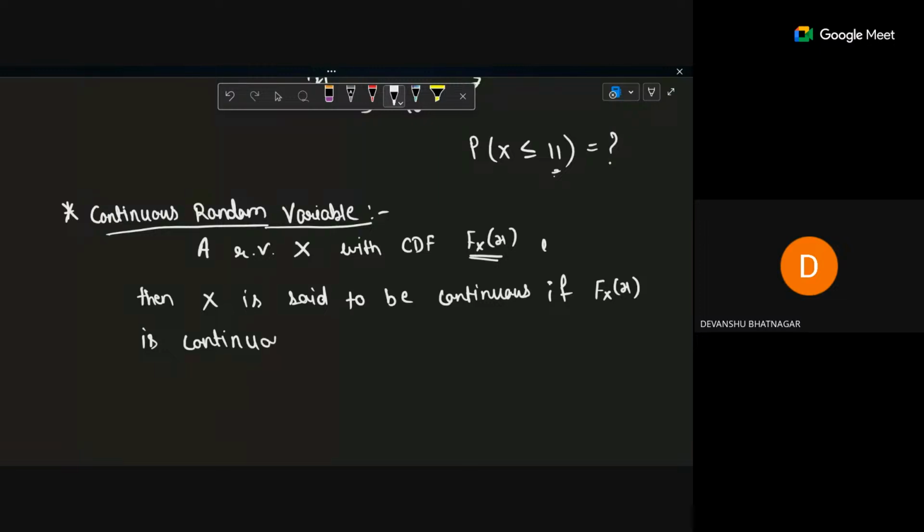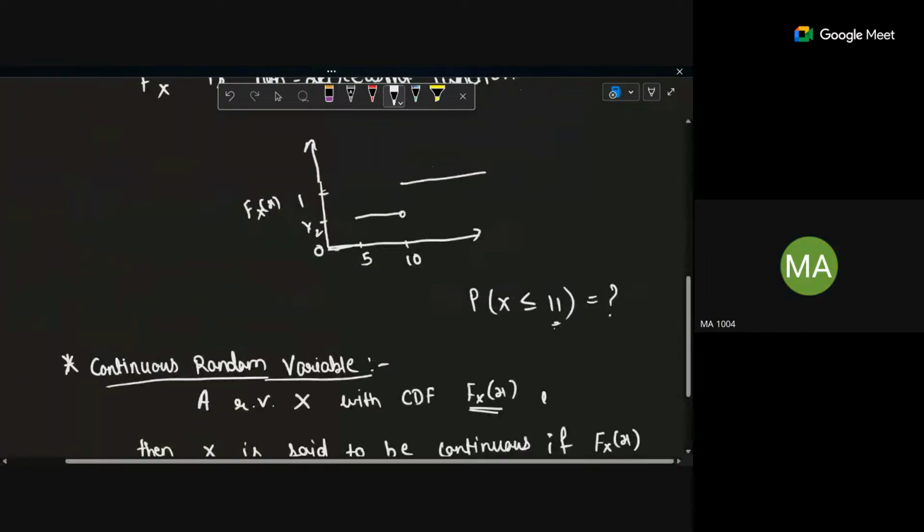For that purpose, I introduced this example: if this kind of graph is there and they are asking whether your random variable X is continuous or not, with some 4 or 5 options, you can discard this kind of option because this is not a continuous graph.